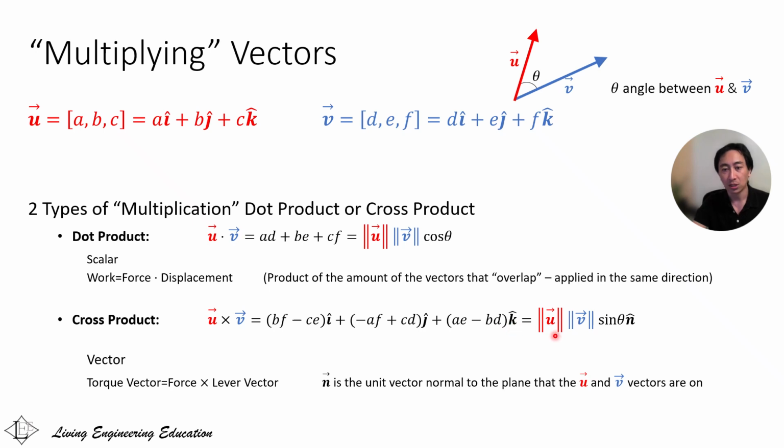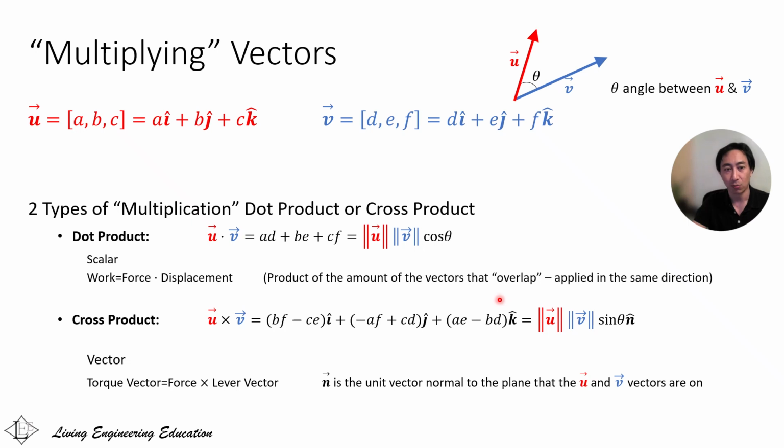Or it could be some combination of the three. For simplicity and just the introduction to cross products, we're going to look at cases where the n vector is equal to either the positive or negative k hat term, or the positive or negative z direction. And we'll use the right-hand rule to help us determine if it's positive or negative.